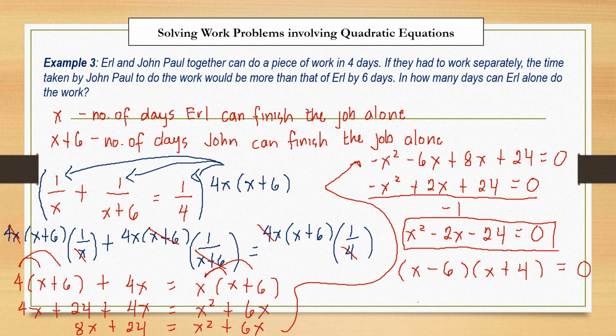Apply zero product property, so we have x minus 6 is equal to 0, x plus 4 is equal to 0. Solve for x, so we have x is equal to 6, x is equal to -4. Since this is a negative number, we will disregard -4. So x is equal to 6.